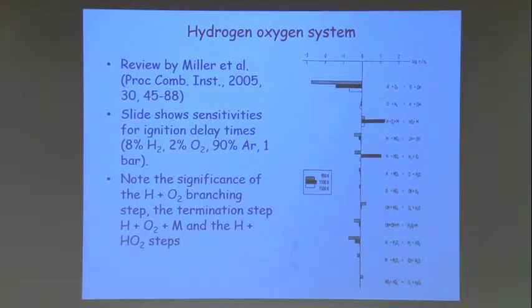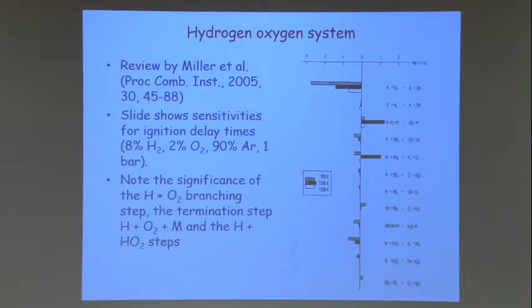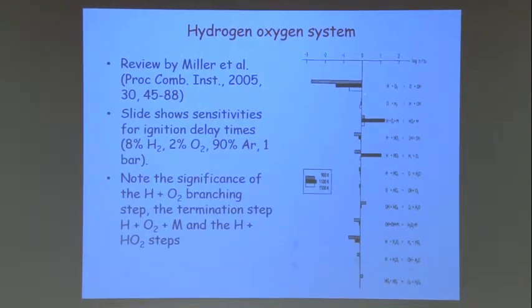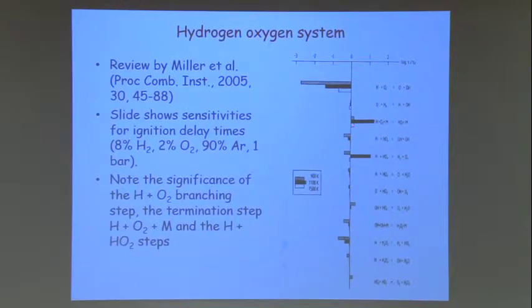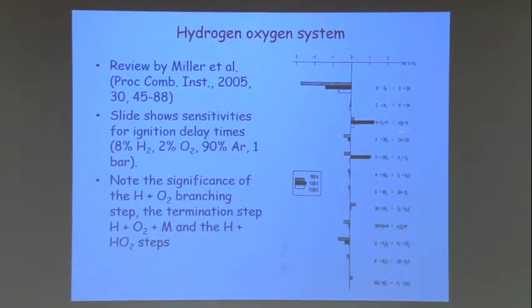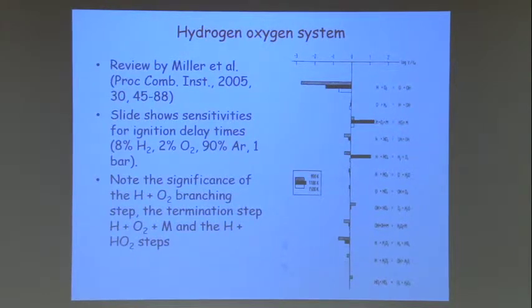And what you can see, and these are different temperatures, 500 K, 900 K, 1100 K, 1500 K, is the extreme sensitivity at low temperatures with respect to this branching reaction, H plus O2, but also high sensitivities, especially at somewhat higher temperatures, with respect to this termination step. So those ignition delay times are being extended, made longer, by this reaction and shorter by this reaction here.